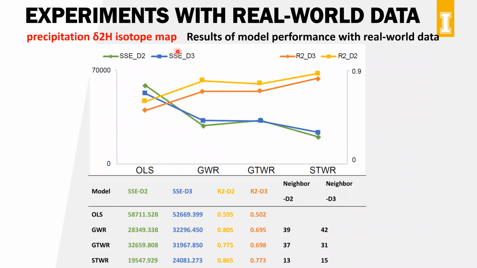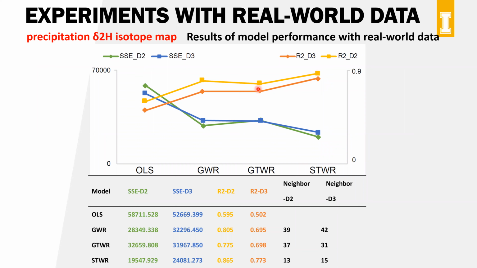This is the comparison using different methods. OLS is ordinary least squares, and then GWR, GTWR, and STWR here.